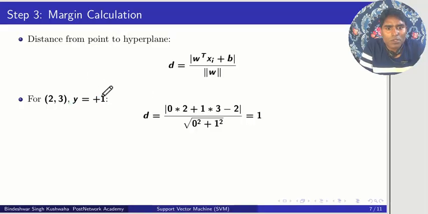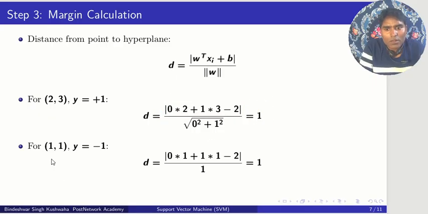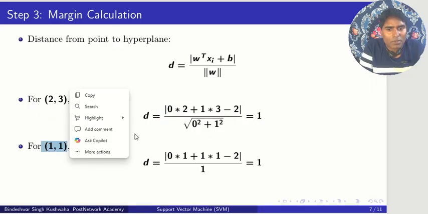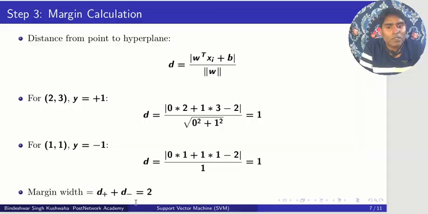We just used the distance formula from a point to a linear plane. So we will get 1 here, from 1 to minus 1. So we will get the distance 1 again, and so the margin width is 2.